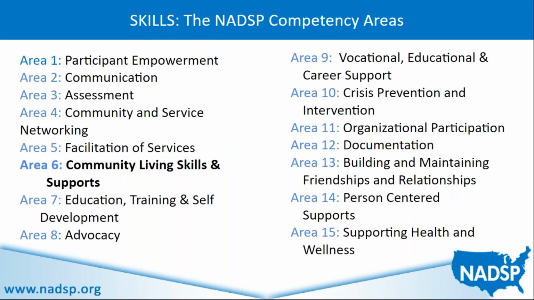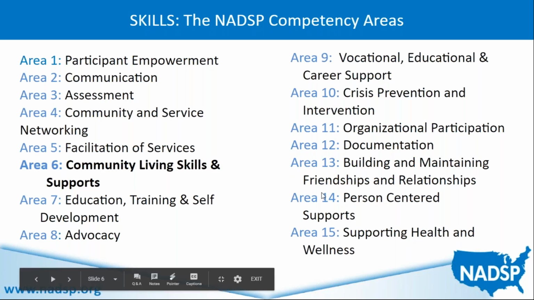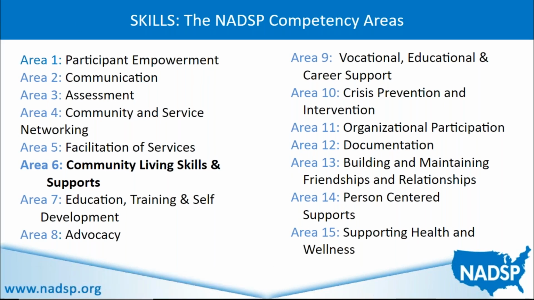These are our NADSP competency areas. They represent the skills circle in the Venn diagram we showed you a few seconds ago. One of the competency areas, area 6, is community living skills and supports.